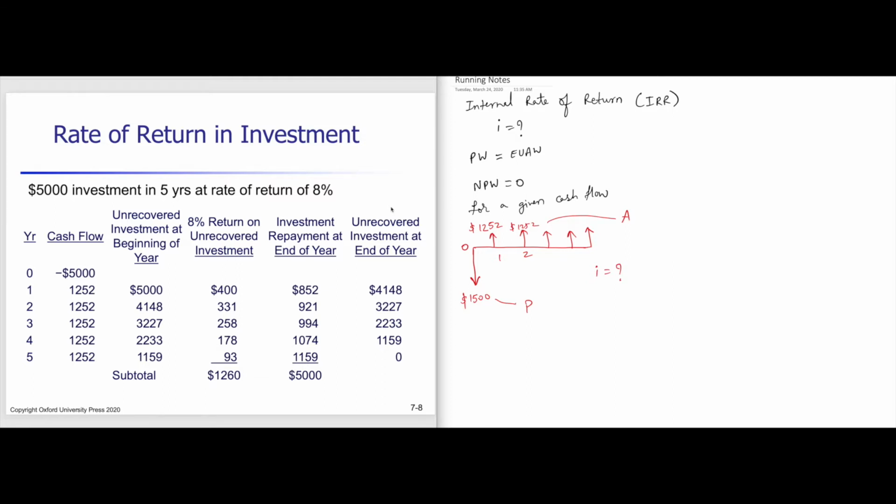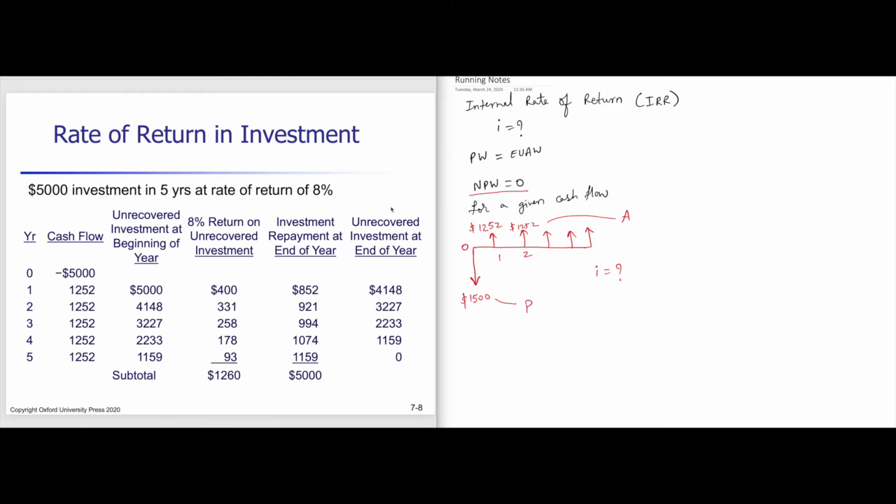But how do we calculate this? We use the formula net present worth is equal to zero. That means the positives minus negatives have to be equal to zero. So we have to convert each and every number to either present worth or annual worth, one of them.